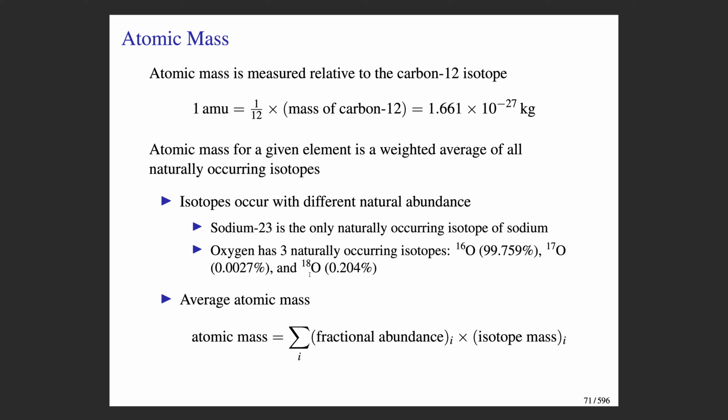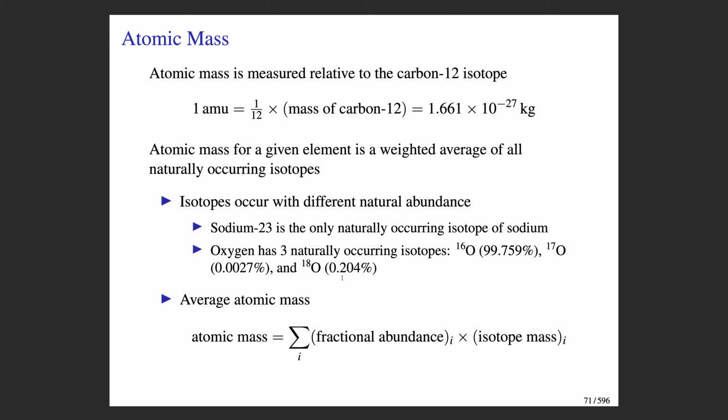All of these isotopes can be found in nature. Most of the oxygen isotopes are oxygen-16, so 99.759% of oxygen atoms are oxygen-16. A much smaller fraction are oxygen-17, and a fairly small fraction are oxygen-18.